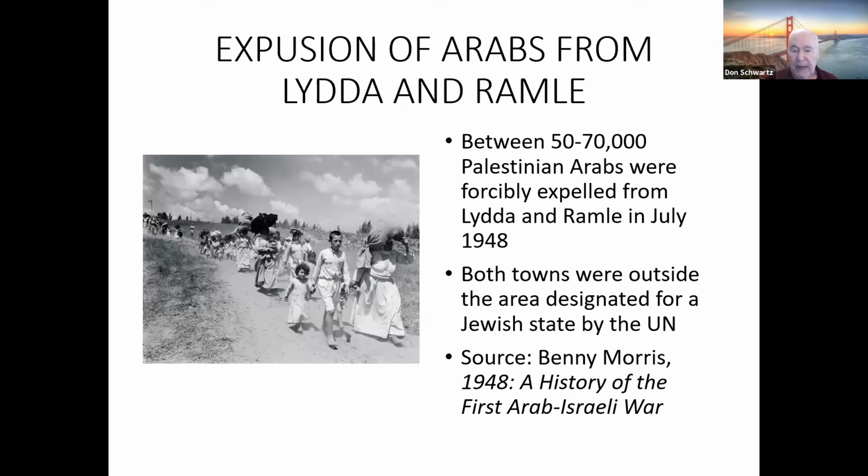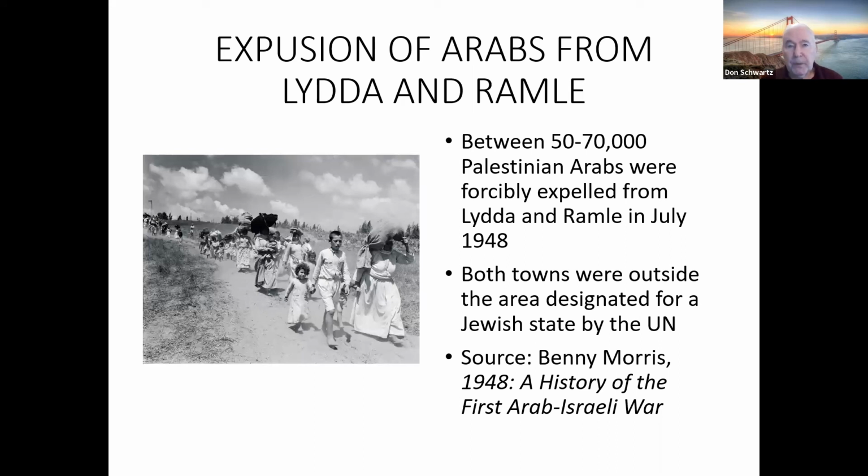Both of those towns were outside the area that was designated for a Jewish state by the United Nations. So it does seem that some Palestinian Arabs were forced out by Israeli forces, while others fled as a result of both Zionist and Arab propaganda broadcasts that exaggerated the horrors that awaited them if they remained in Palestine.